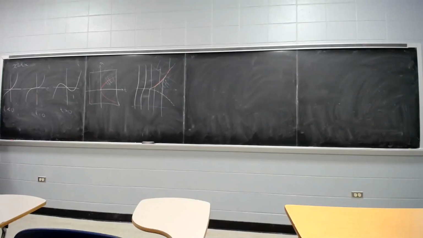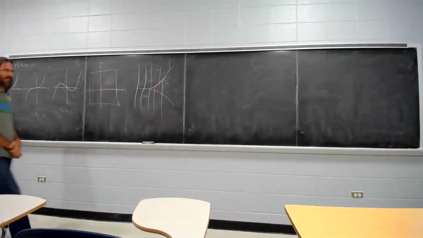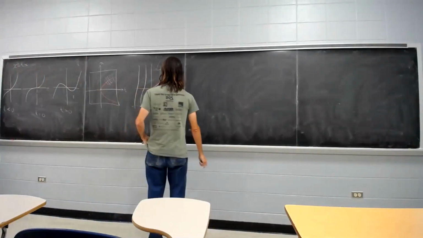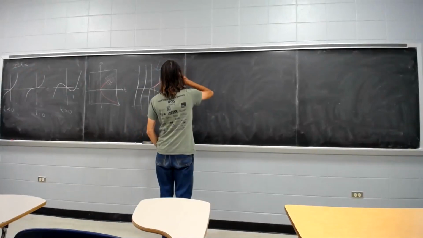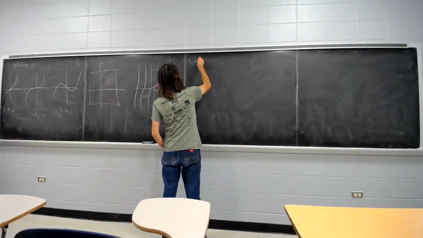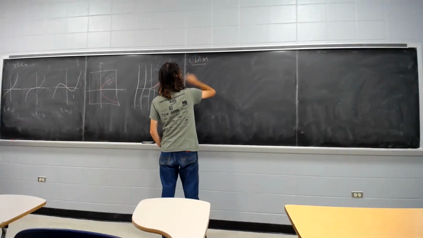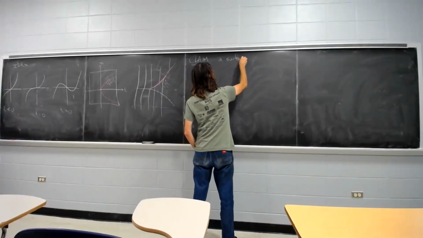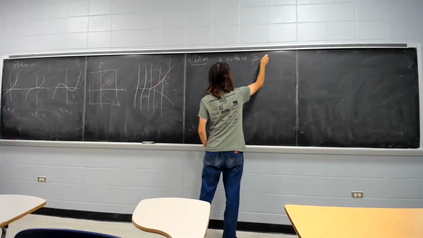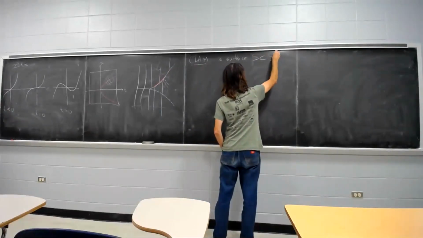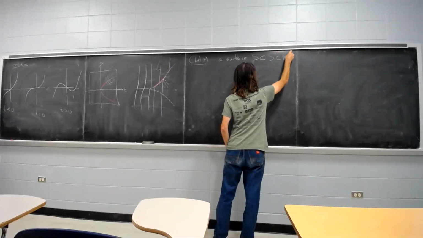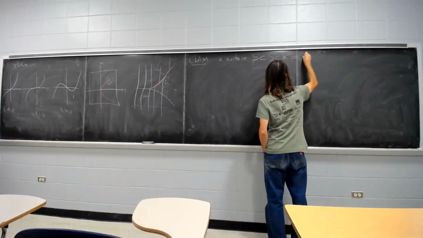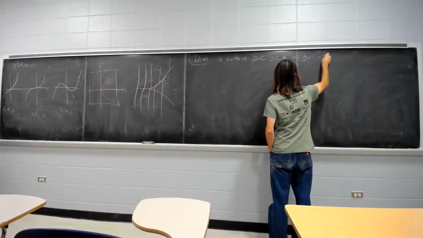I want to write that same claim, the equivalent claim, down for a surface S in S4, which is contained in R5, which has coordinates y1 through y5.